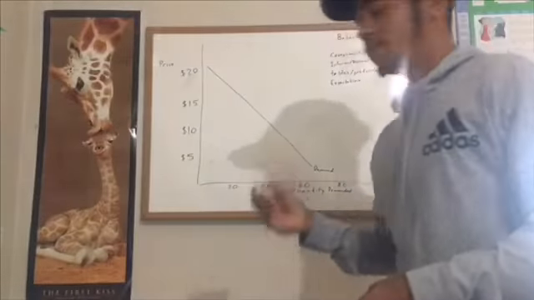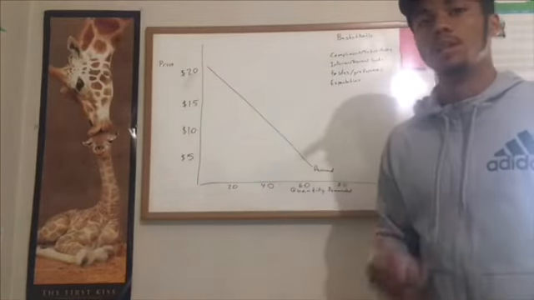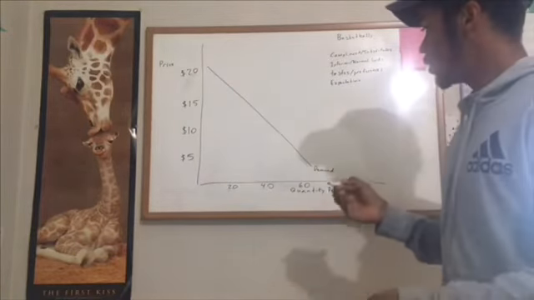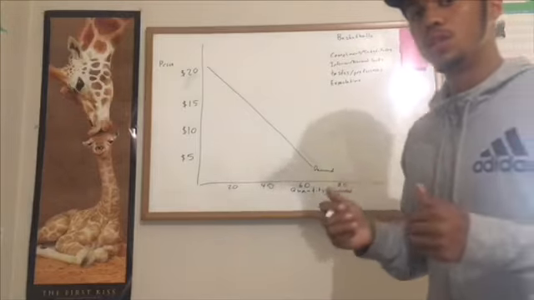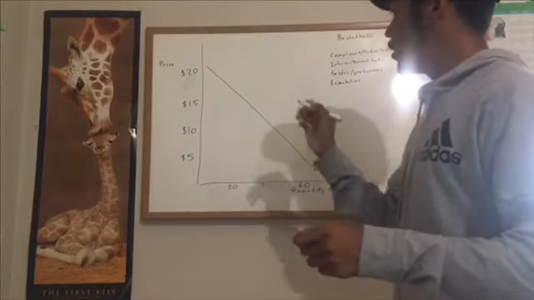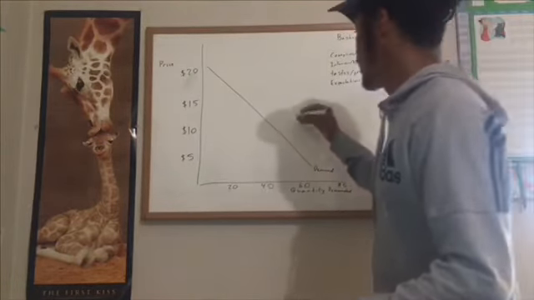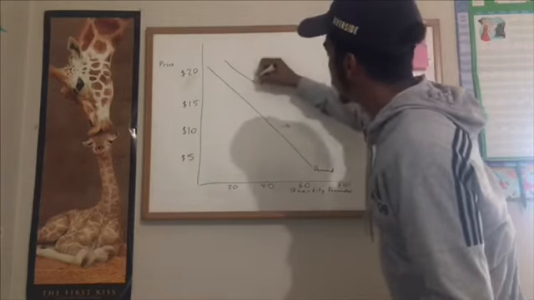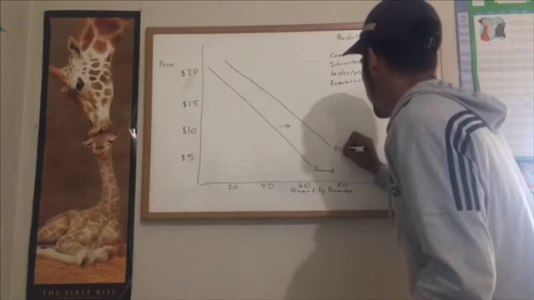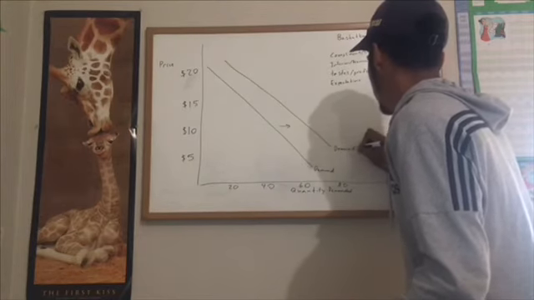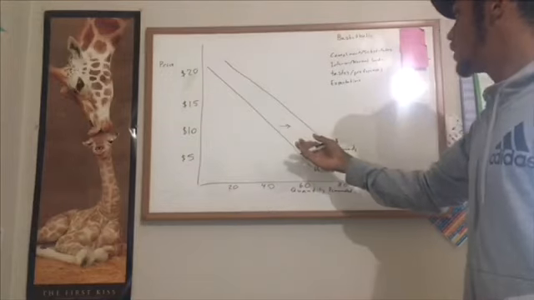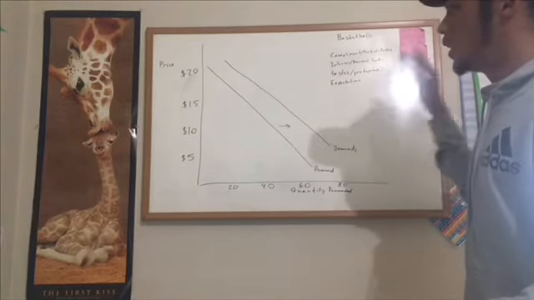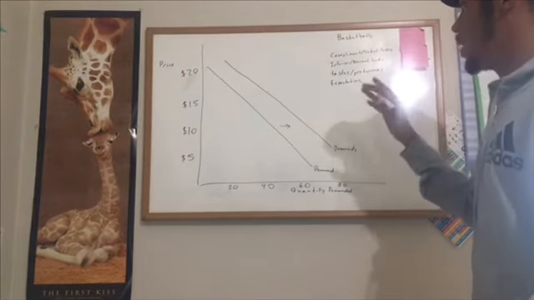Let's say that your income increases and we're looking at a market for normal goods. This will increase your demand, and an increase in demand looks like a rightward shift. We label this demand 2 to show that this used to be this curve, but there was a shift to a different location on the graph.